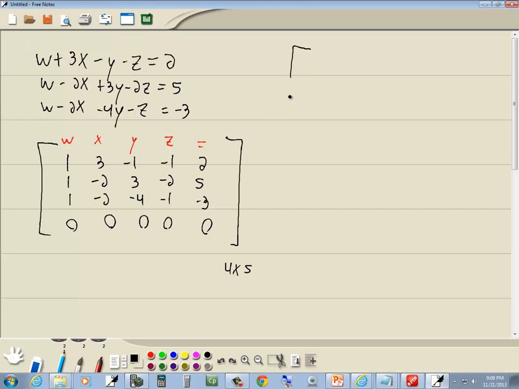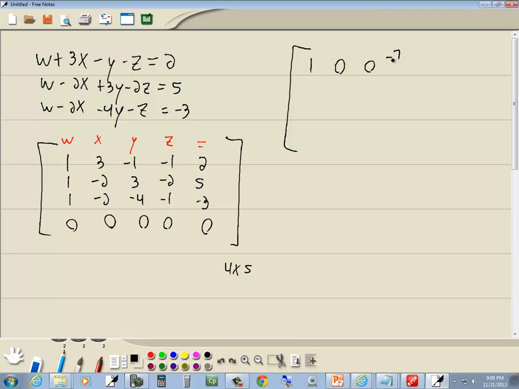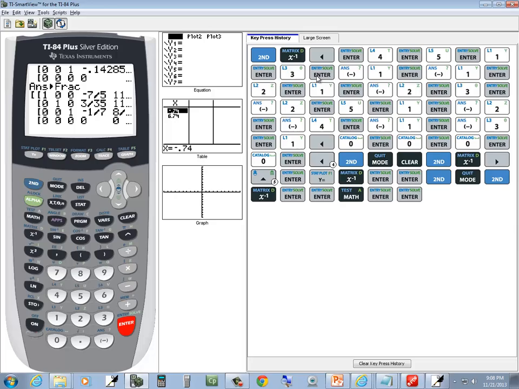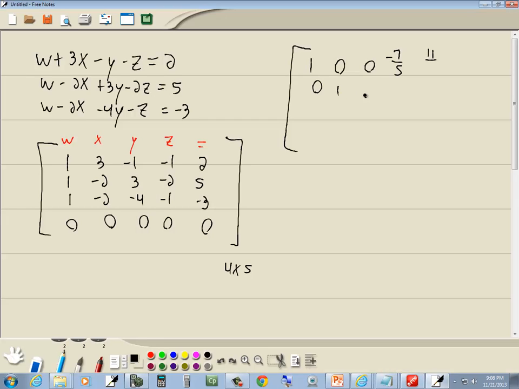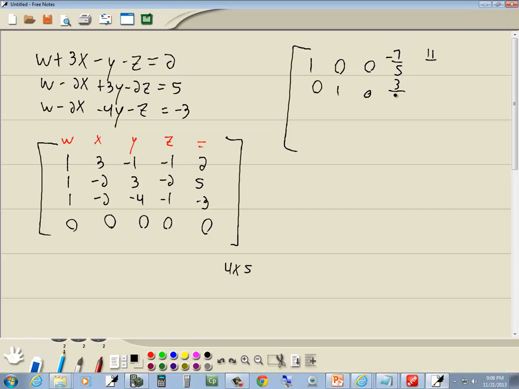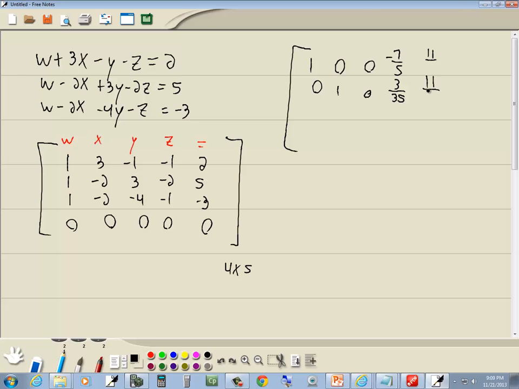Okay, let's see what we got. 1, 0, 0, -7/5. 11 over something. Then 0, 1, 0, 3/35. 11 over something.